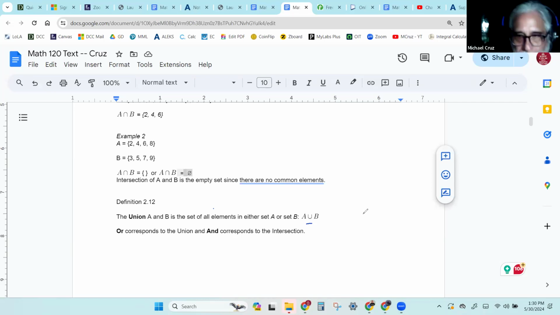That's kind of the same thing back about the definition of a set. So another way of looking at it is the union means or, the intersection means and. So if we say intersection, it means that it's in both A and B. If it's in the union, it means that it's in one or the other, or it could even be in both.